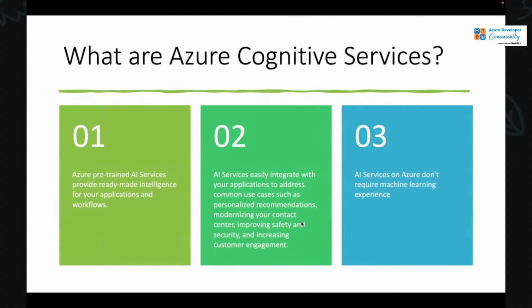Coming back to that, I can explain Azure Cognitive Services in three simple points. The first is that they are pre-trained AI services, which means they are trained with a lot of data and already present as an API.